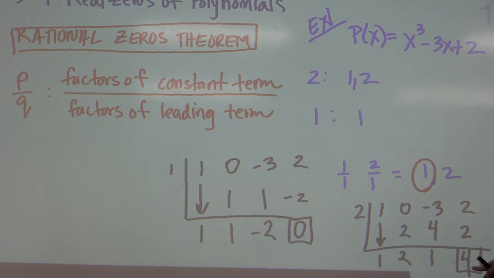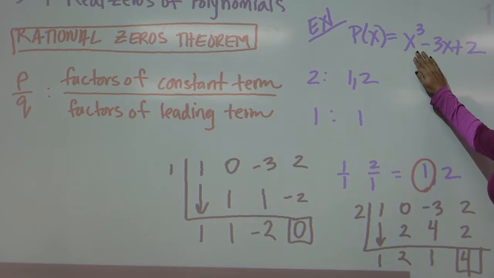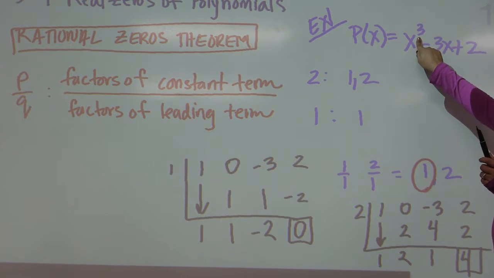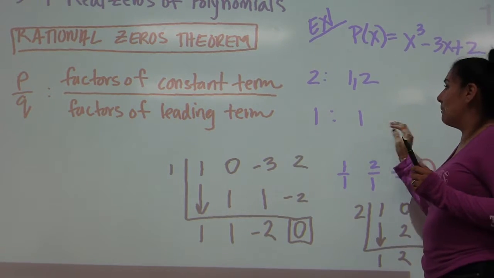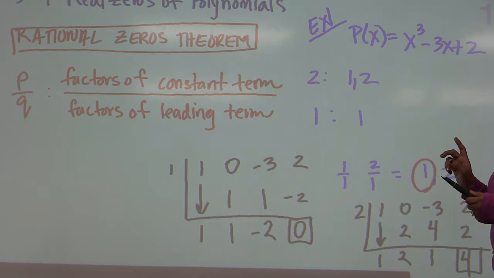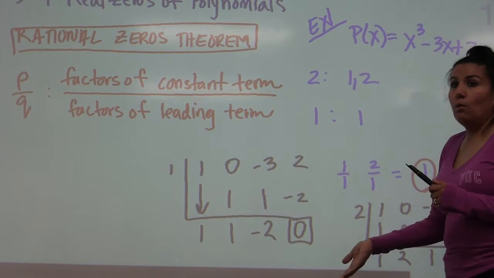Is that a 0 remainder? Nope. But I could have told you that wasn't going to work, and I'll tell you why right now. This polynomial can have at most 3 zeros because it is 3rd degree. The fact that I only had 2 numbers to pick from, only one of them can work, because if it's not rational, then what will it be?